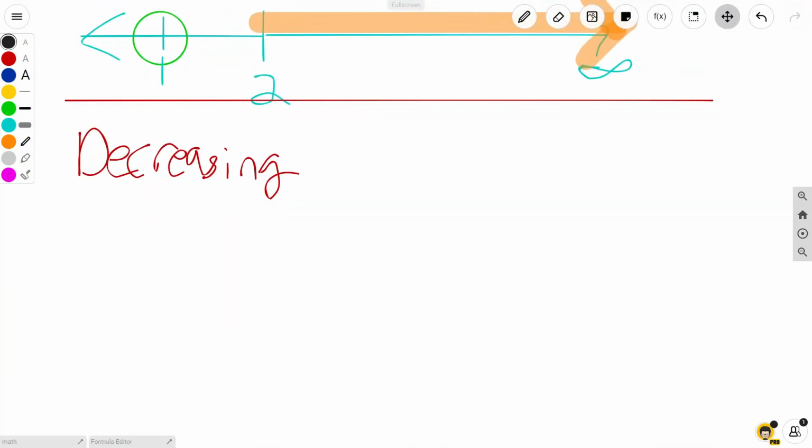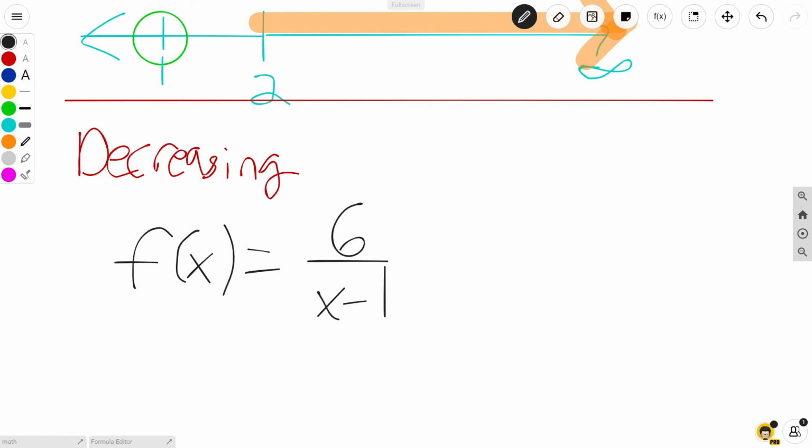So if the first derivative is negative, then we say it's decreasing. So we're going to turn this in terms of x. So 6 divided by x minus 1 squared. So what we need to do is find f prime of x.